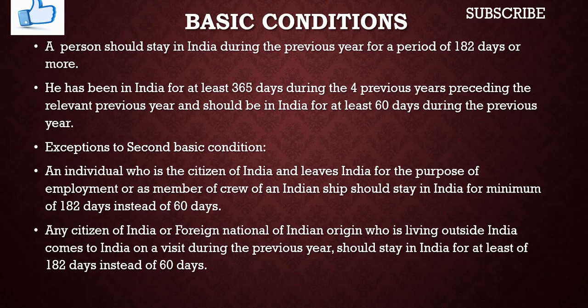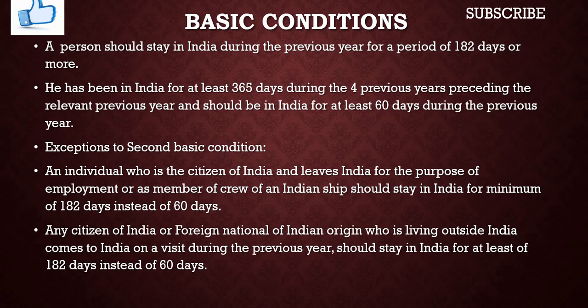So even if a person is a citizen of India staying outside India, but he is of Indian origin, and he comes to India on a visit during the previous year, he should stay in India for at least 182 days instead of 60 days.